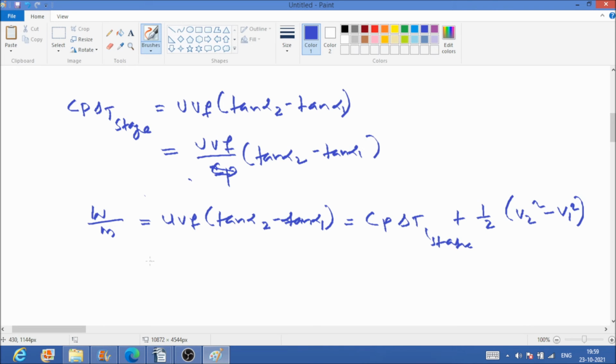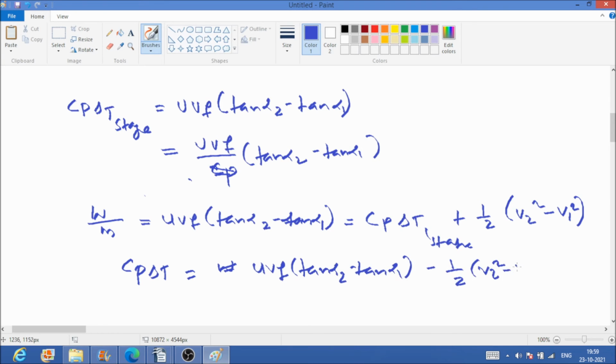So you may write Cp delta T static is equal to W by m, that is U Vf into tan alpha 2 minus tan alpha 1, minus 1 by 2 into V2 square minus V1 square. I hope you understood that.